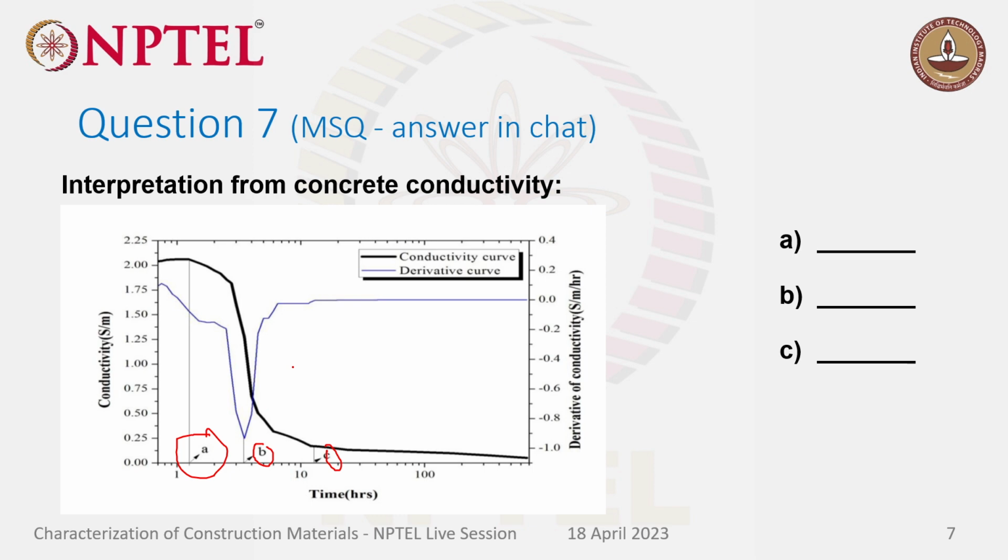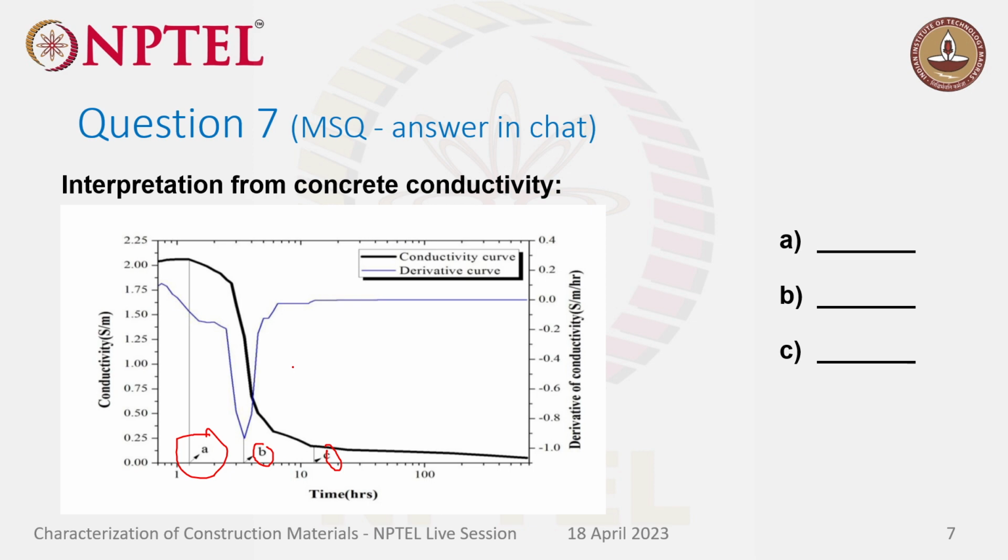Just think, we have all gone through the first and second week lectures on isothermal calorimetry. Using isothermal calorimetry, we measured the reactivity of cement, the heat of hydration and heat flow, and from that we understood the heat of hydration of different cementitious systems.